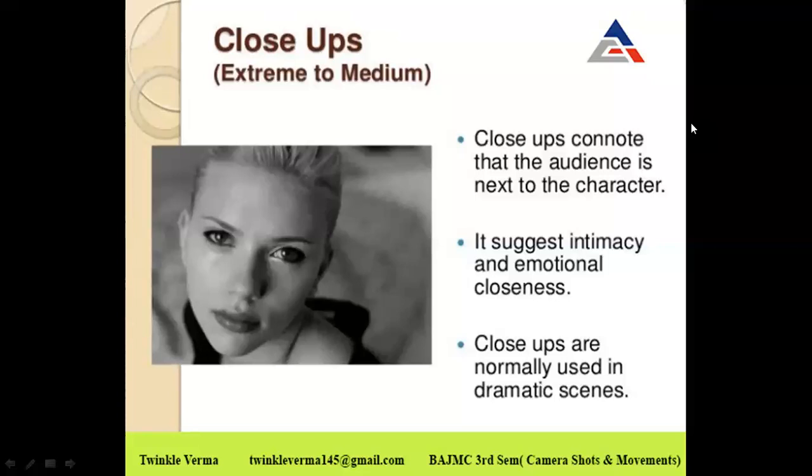It suggests intimacy and emotional closeness. It tightly frames an actor's face, making their reaction the main focus in the frame. The director of photography filmed a close-up with a long lens at a close range.